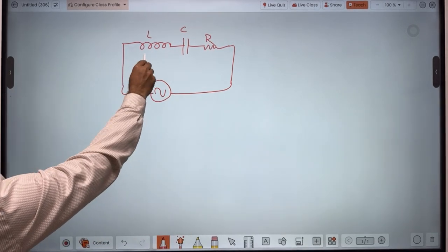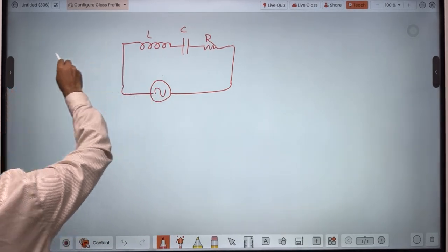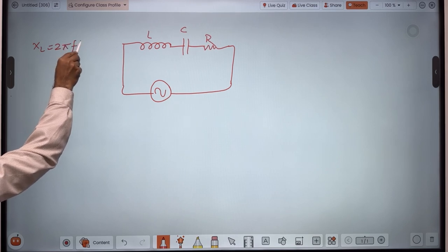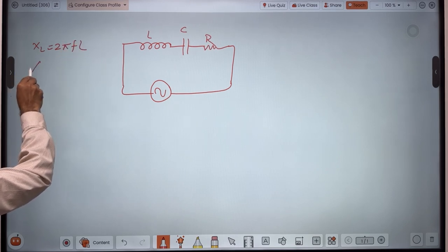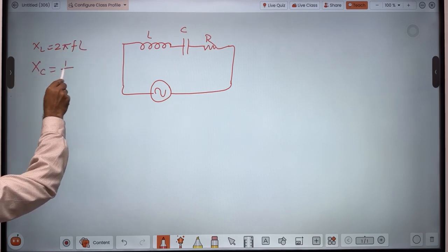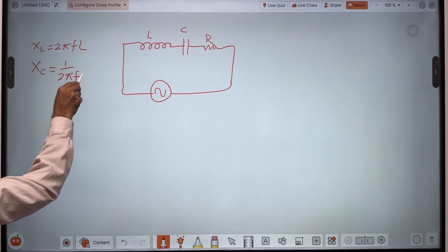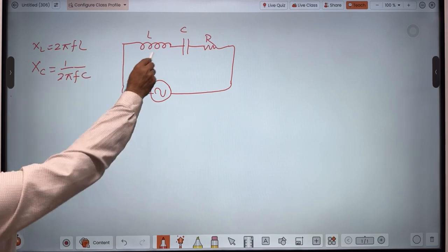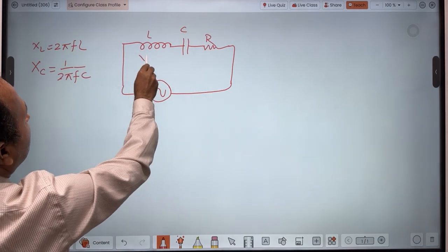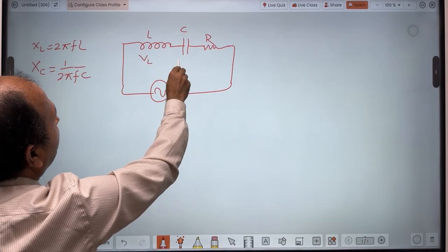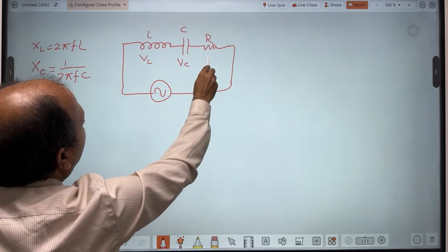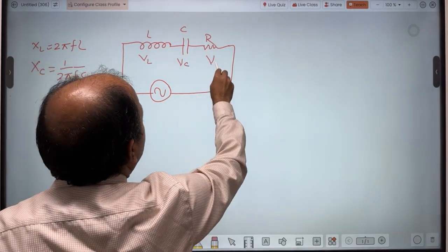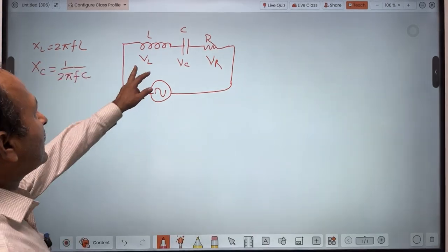Now what happens? Here inductive reactance is XL, that is 2 pi FL. Capacitive reactance XC will be 1 upon 2 pi FC, and resistance is R. Voltage across L is VL, voltage across C is VC, and voltage across resistance is VR.